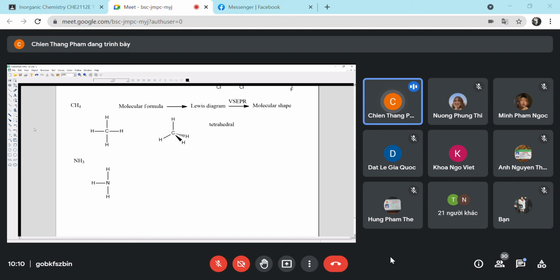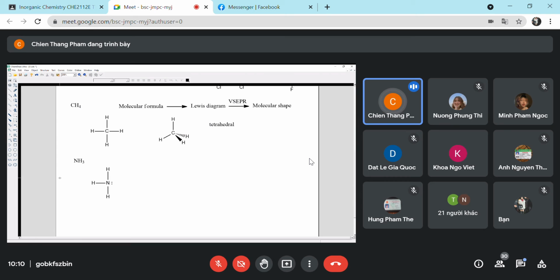Okay, so it lacks one electron pair. So should we add any electron pair to which items? How can we correct this Lewis diagrams? Add the two dots right next to the nitrogen atoms. Okay, so add one electron pair in the nitrogen. Okay, now this one is a correct Lewis diagrams.